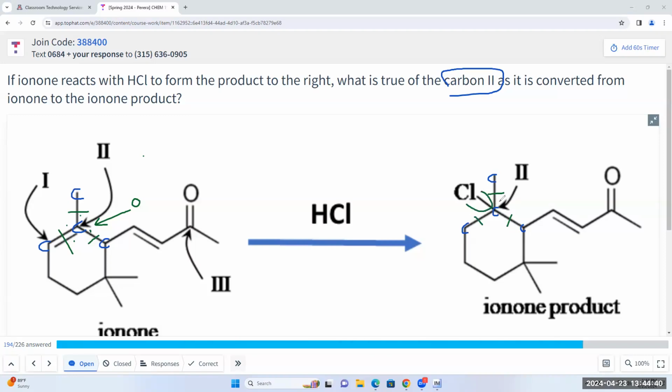Now we have only 3 electrons around this carbon, meaning it has lost 1 electron, so it should have a +1 charge. We have 3 now, we had 4 to begin with, 4 minus 3 is +1. So the oxidation state has increased from 0 to +1. So this should be an oxidation.